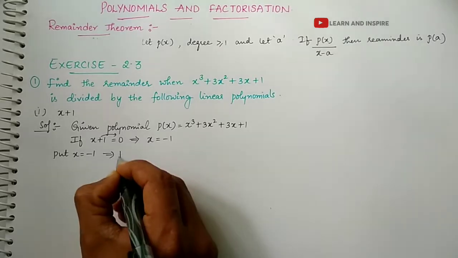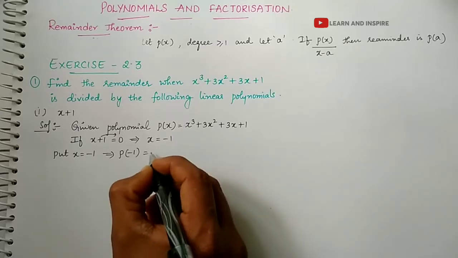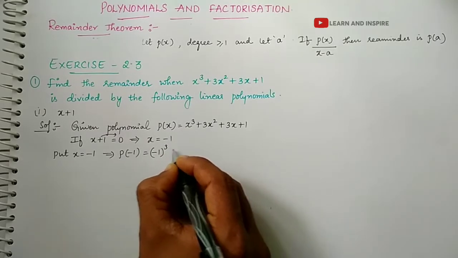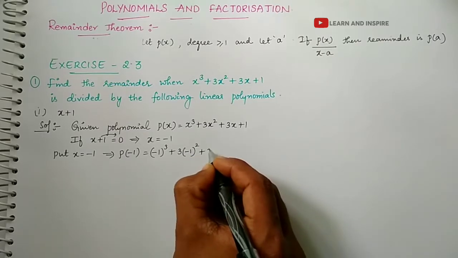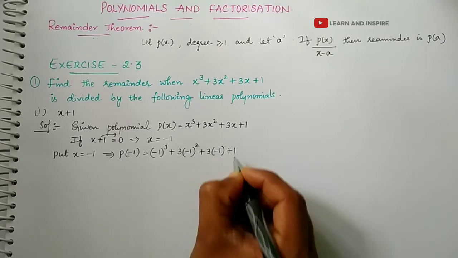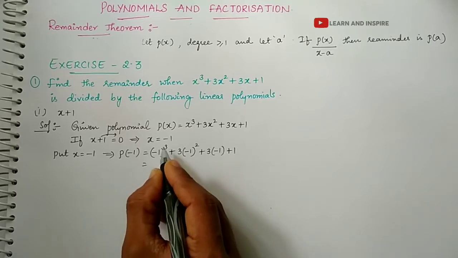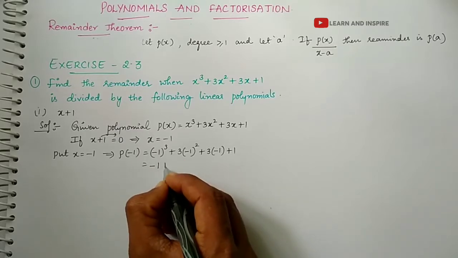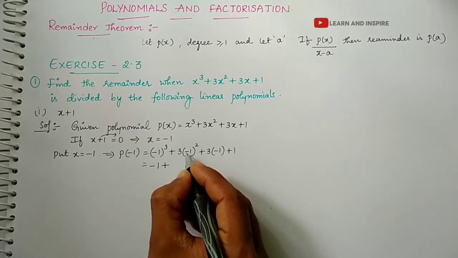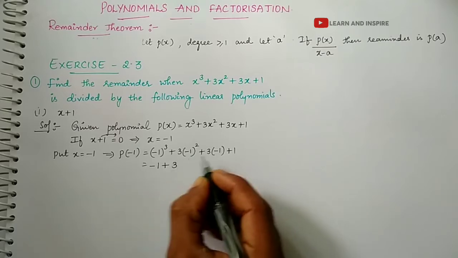That implies p of minus 1 equals, in place of x we substitute minus 1: minus 1 whole cube plus 3 into minus 1 square plus 3 into minus 1 plus 1. Minus 1 cube is minus 1, since minus is multiplied 3 times. Minus 1 square is plus 1, so 3 into 1 is 3.